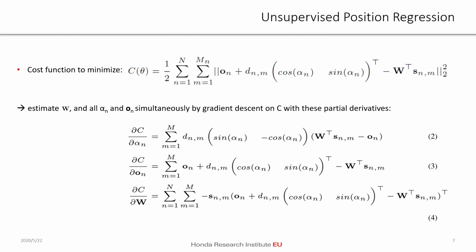If we sum it up over all points along each line, over all lines, we end up with a cost function that we can minimize in order to estimate these parameters W, alpha, and O simultaneously by gradient descent on C using the partial derivatives given here.